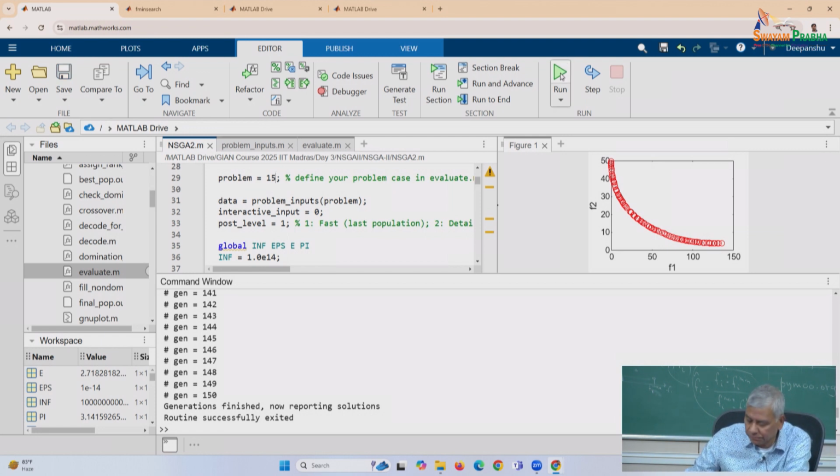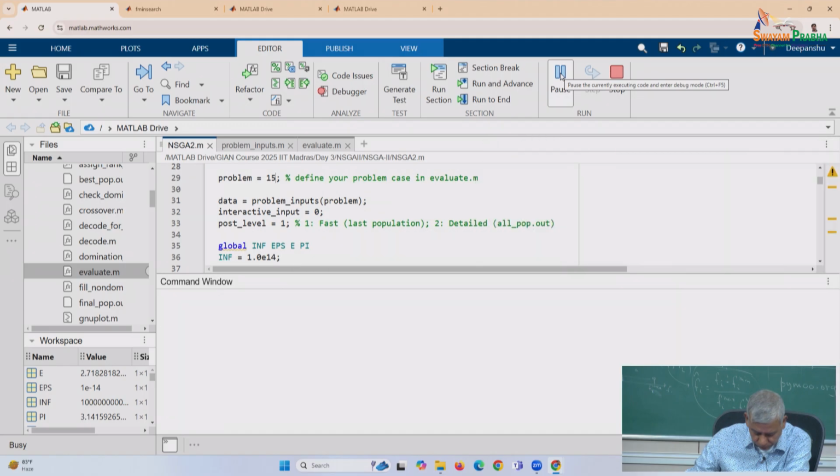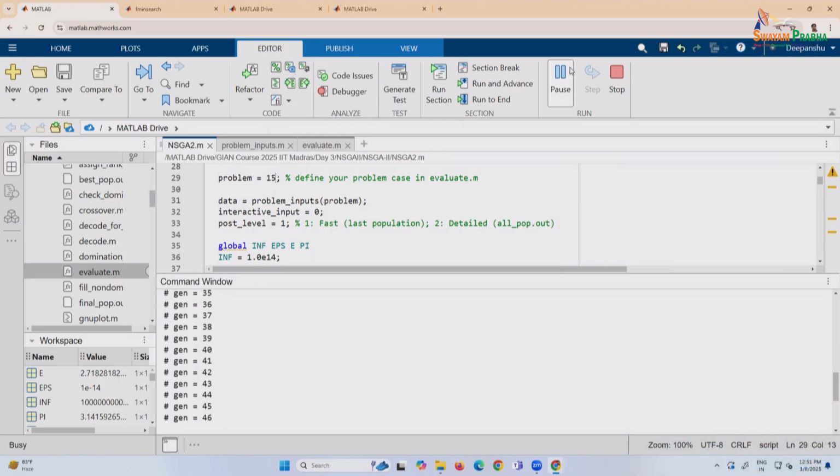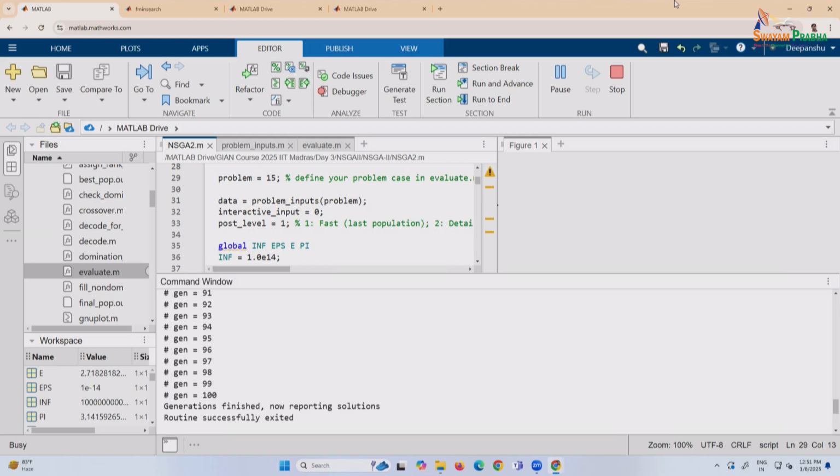Okay. Yeah, I think this will be the last one I will show. Yeah, this one almost like a straight line.